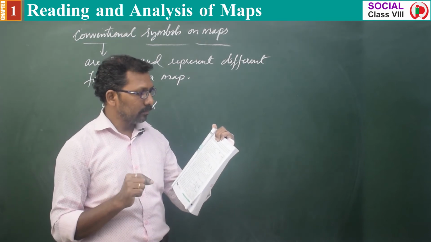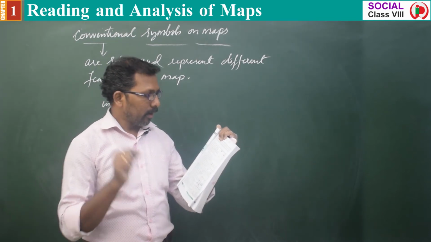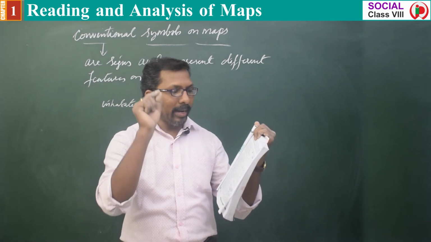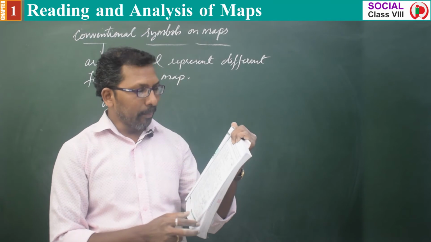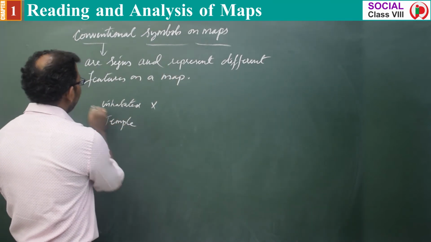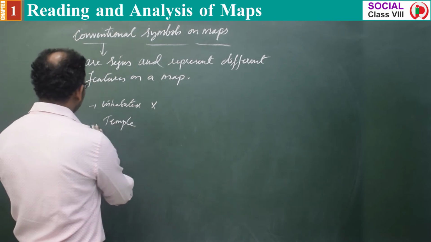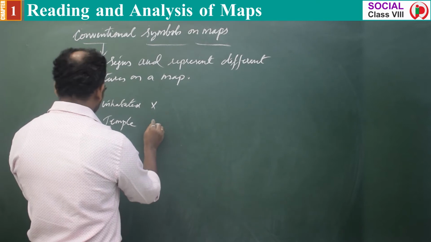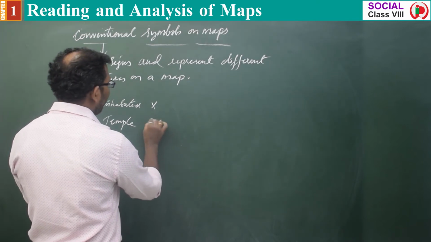Huts. Permanent, temporary, tower and antiquities. Temple. Temple symbol is given there. You can see the temple also there.